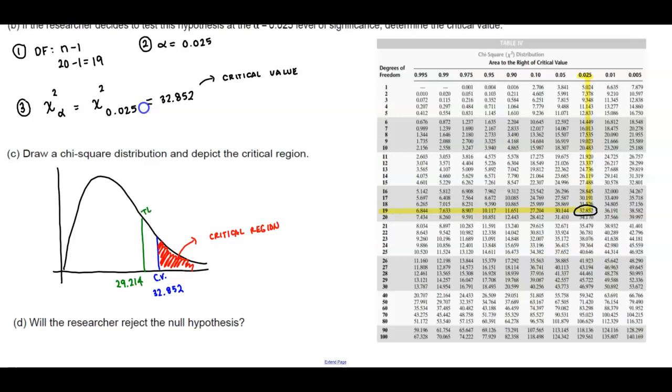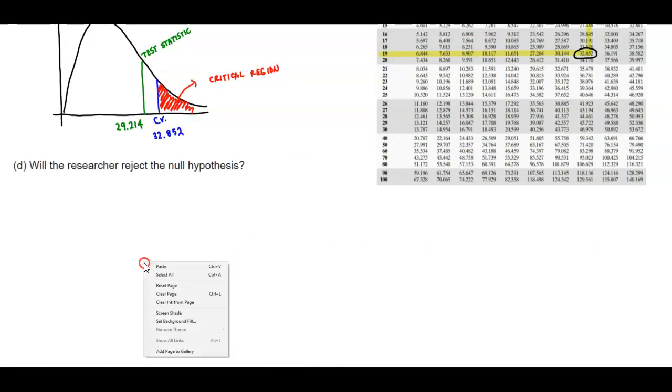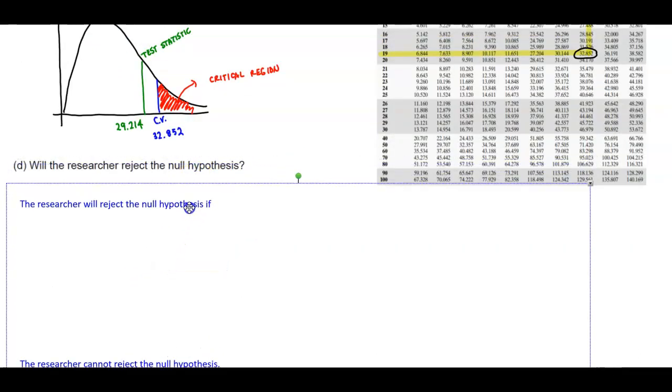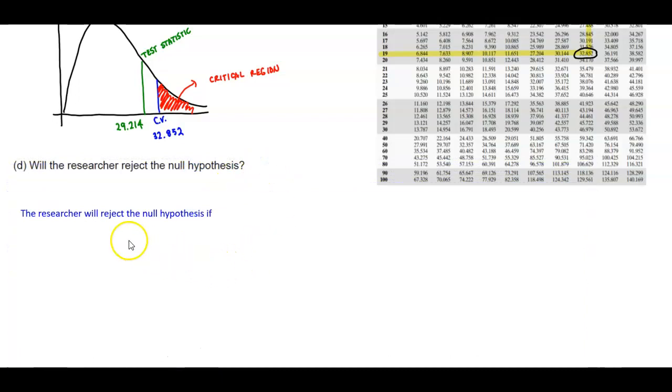This is the test statistic that we found in part A. Now we need to know whether the researcher is going to reject the null hypothesis or not. The researcher will reject the null hypothesis if the test statistic falls within the critical region.